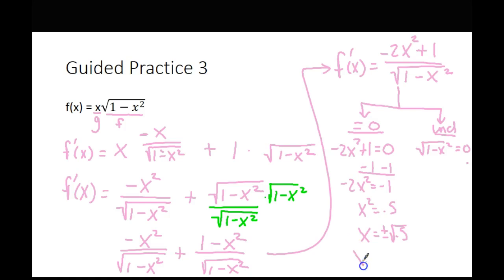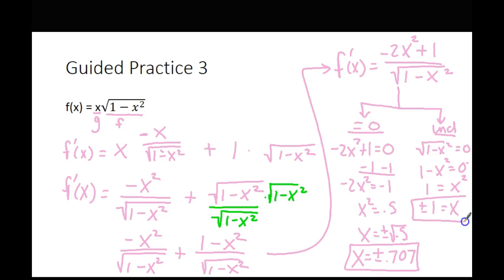So basically I'm getting plus and minus 0.707 for two critical values. This one over here, to solve where it's undefined, I would start by squaring both sides, which would give me this. I would add the x squared to both sides, which would give me this. And then I would square root both sides, which would give me this. So I've got two more critical values there.